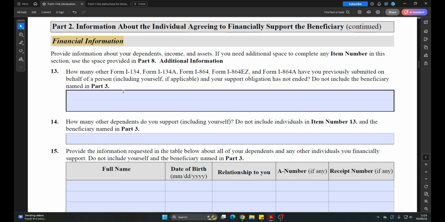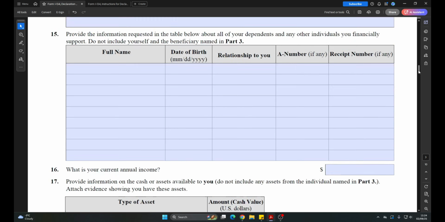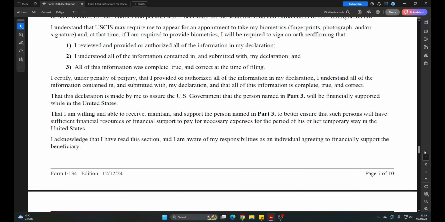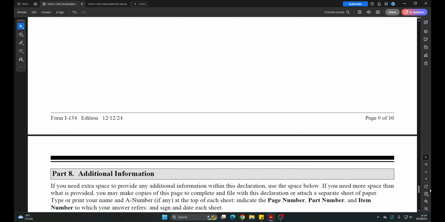And you only need to write a number of these forms that you have submitted before if your obligation has not yet ended. To figure out what your obligations are, all the obligations are listed in the form itself before you sign the forms, and also in the form instructions.